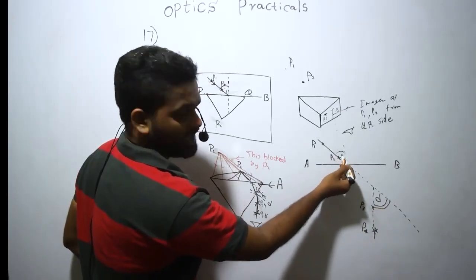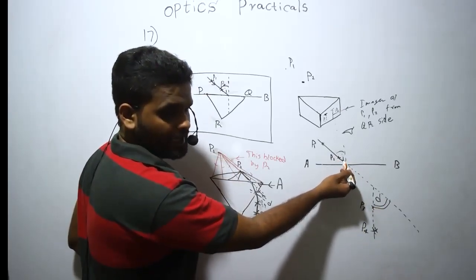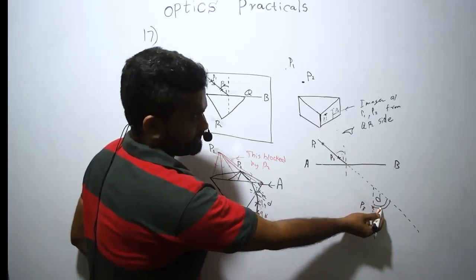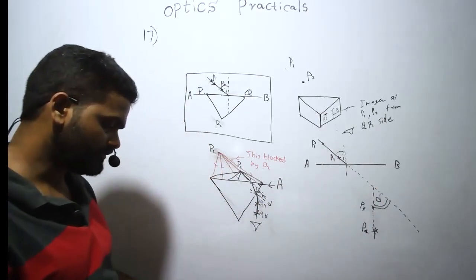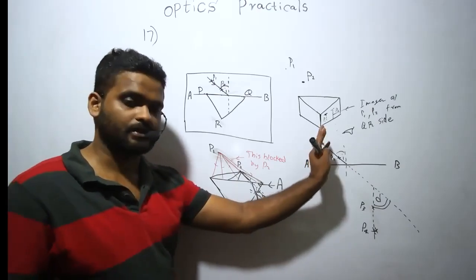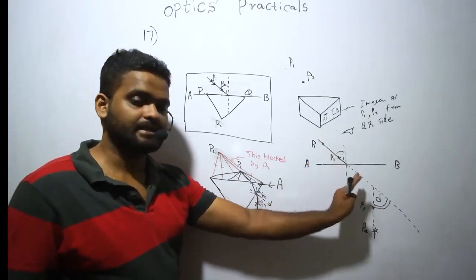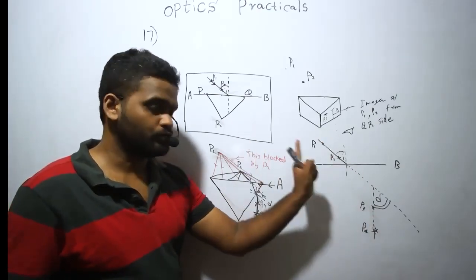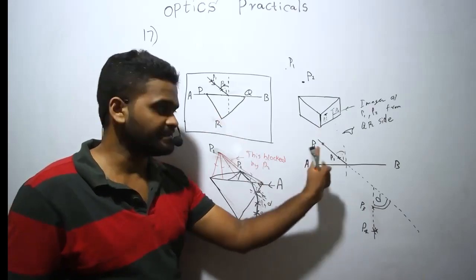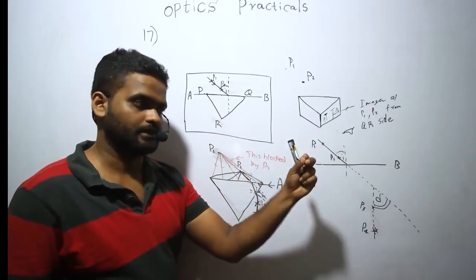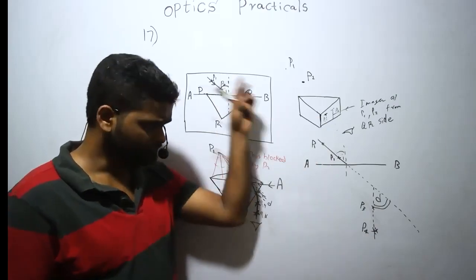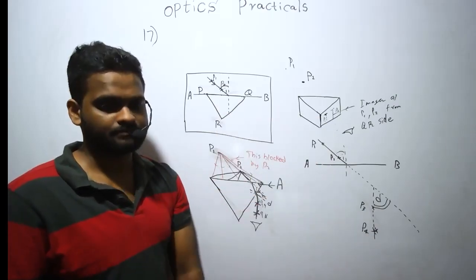You already know the angle of incidence. Then using a protractor, you can simply measure simple d. That's what you do. So this is for one incident angle, right? You have to do this for at least 6 incidence angles, from like 30, 40, 45, right? You have to repeat this same procedure.